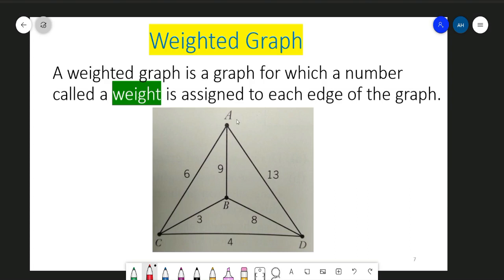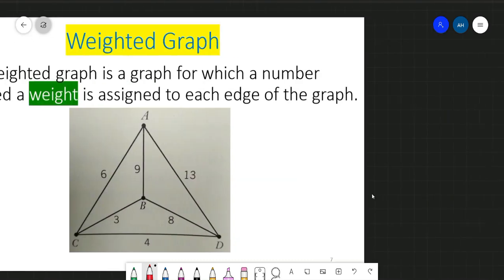For example, if we travel from point A to point B the cost is 9,000 ringgit, maybe. From A to C the number is 6. If this is 9,000, then this is 6,000, and so on. So in application problems, we are going to assign numbers to each edge. All right, so this is what we call a weighted graph.